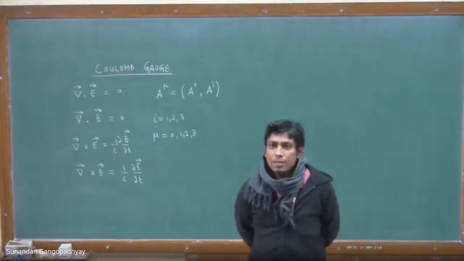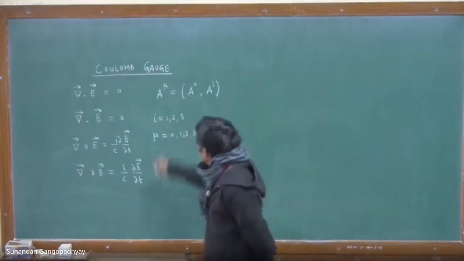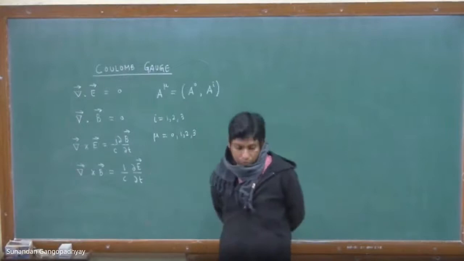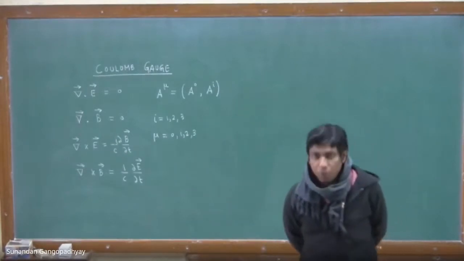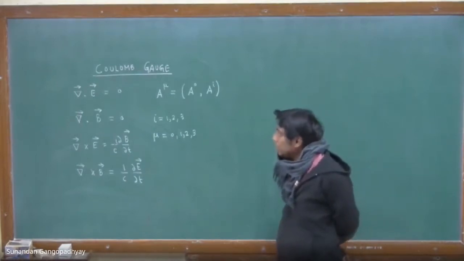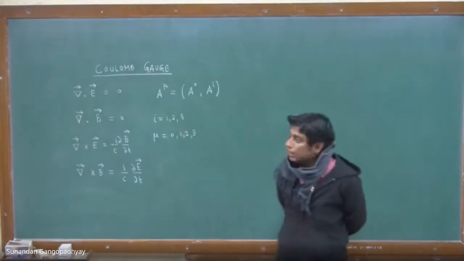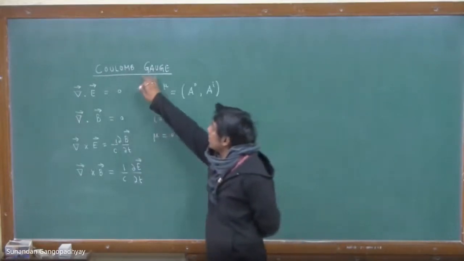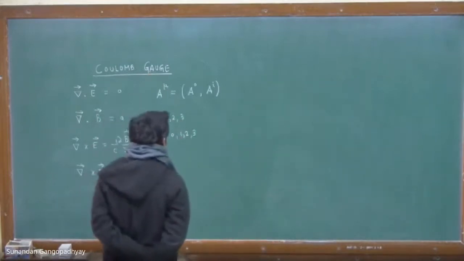One should quantize this theory in a covariant way, and since it also has gauge invariance, your quantization procedure should be covariant. But what we shall do in this lecture, at least to start with, is quantize electrodynamics in the Coulomb gauge. This is what we want to do.